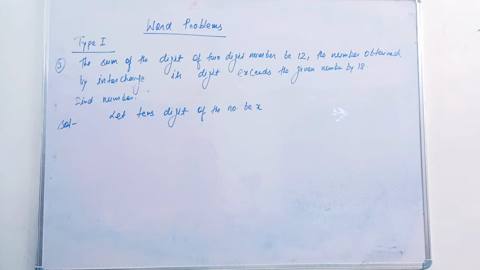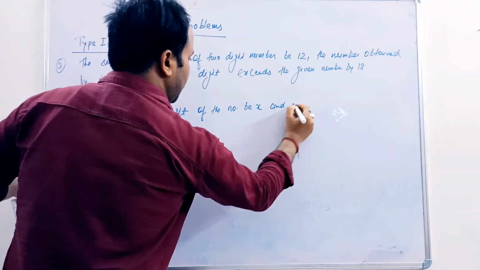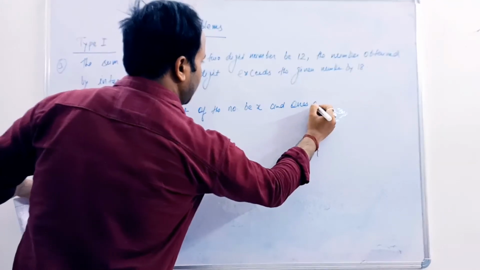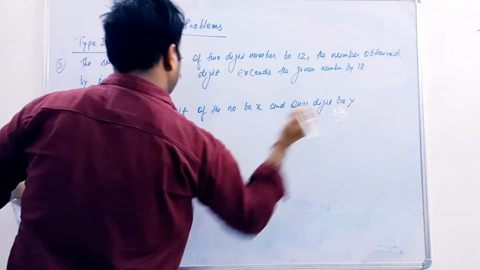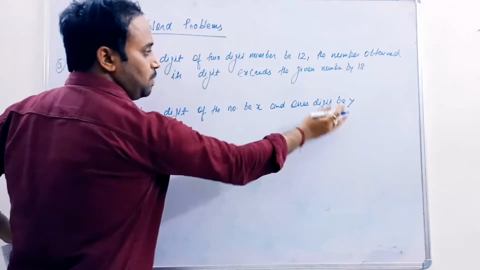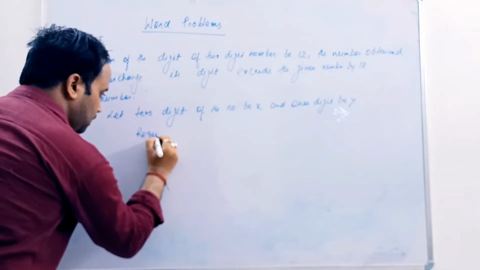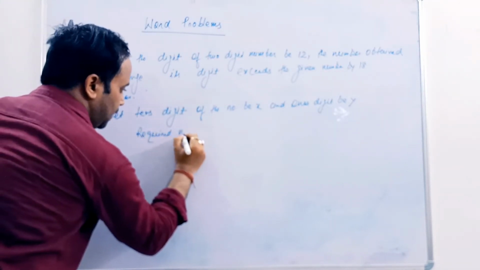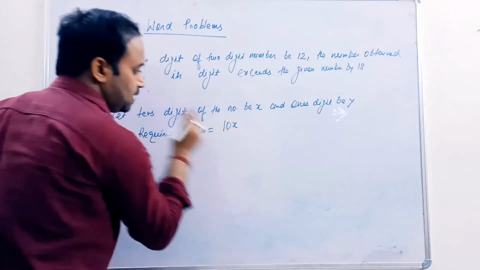In the place of tens digit we have to assume x, and the ones digit y. Therefore, the required number becomes 10x plus y.